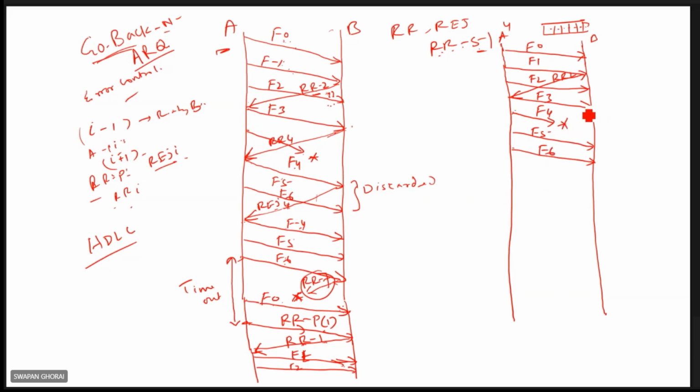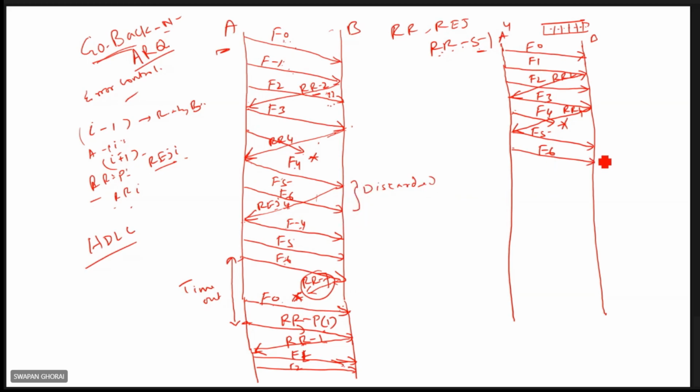Say after getting F3, it has also sent the acknowledgement RR4 as before. I'm just repeating this, but with a slightly different protocol. What is the difference? As usual it will be RR4 because F3 is received. Earlier, as soon as F5 is received, B discards all the frames.